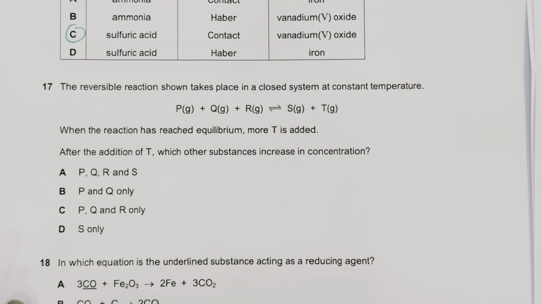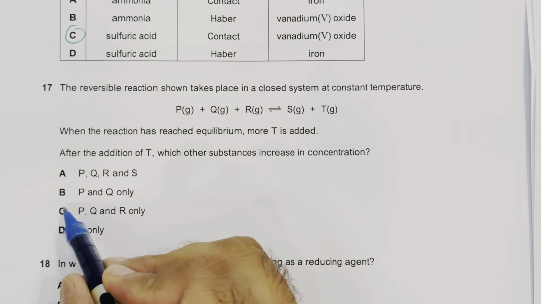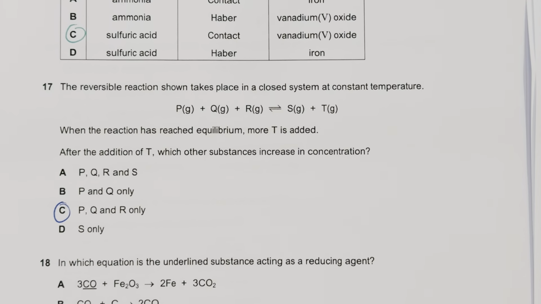After the addition of T, which other substances increase their concentration? We know that when we add T, the concentration of the other compounds would increase. So it would be option number P, Q and R only.